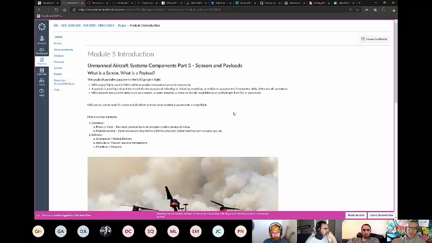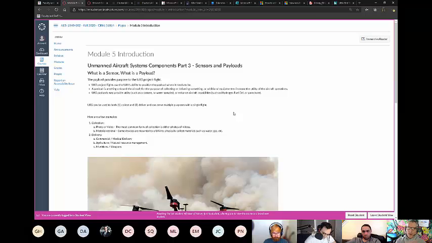We want to get that payload, whatever it is, to where it needs to be to complete the mission. A payload can be anything on board the aircraft for the purpose of collecting or deriving something, or a payload can be additional equipment to increase the utility of the aircraft in operations. This is just the introduction. We'll get into the details of what exactly I'm talking about here in a minute.